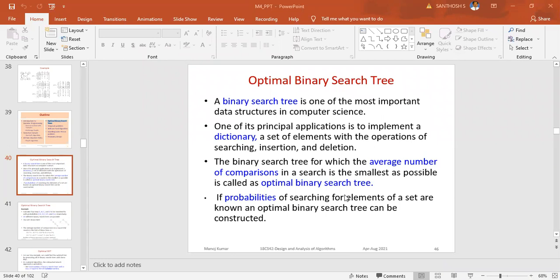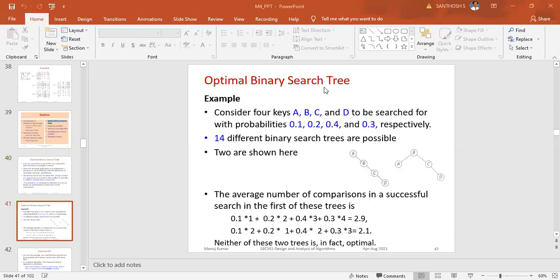If the probabilities of searching for elements are known, then an optimal binary search tree can be constructed. Now you come to the optimal binary search tree example.